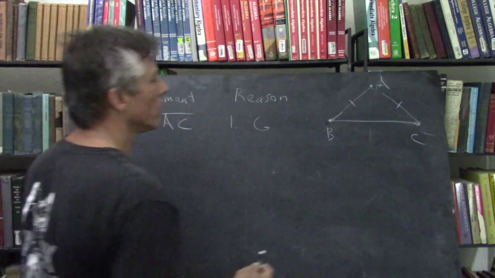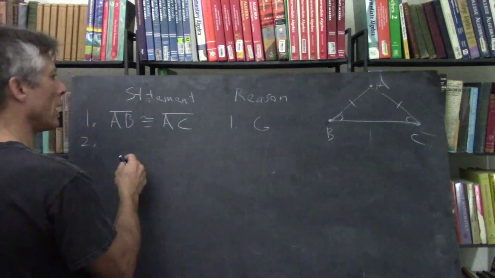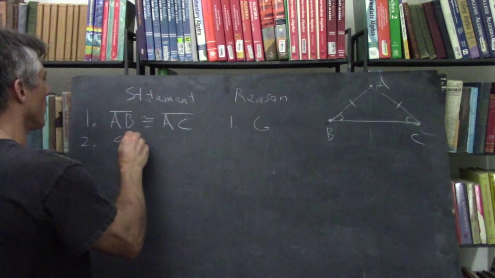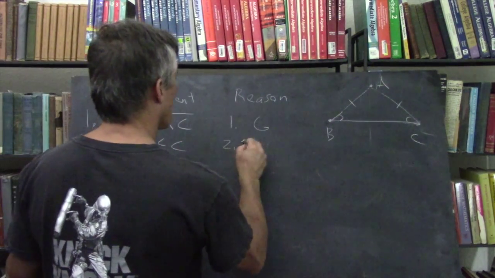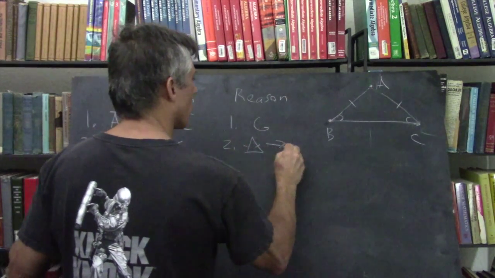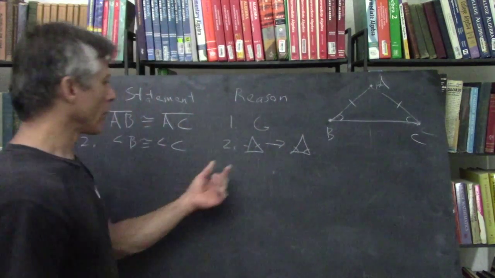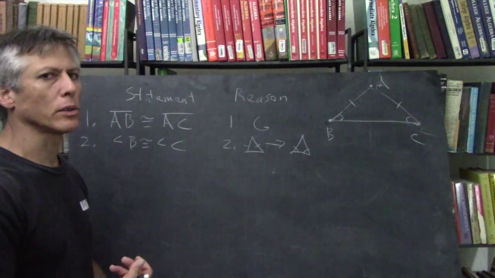Now we know by one of our theorems already that angle B is congruent to angle C, and that's because, remember, when the sides of a triangle are congruent, the angles are congruent. It's one of our isosceles triangle theorems.